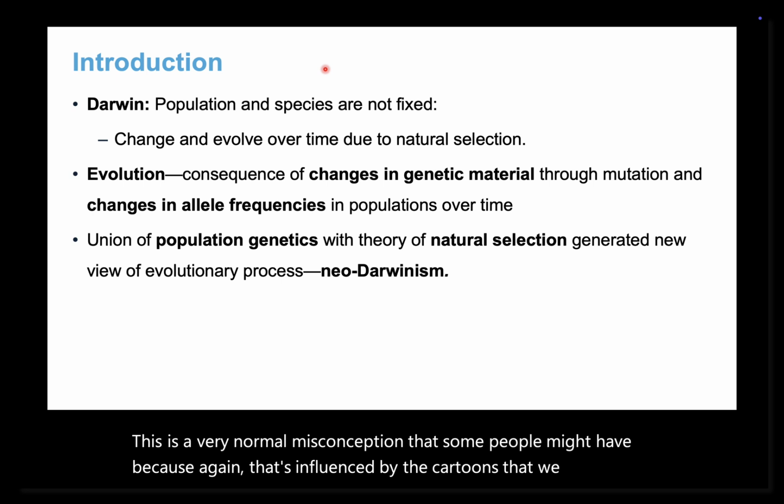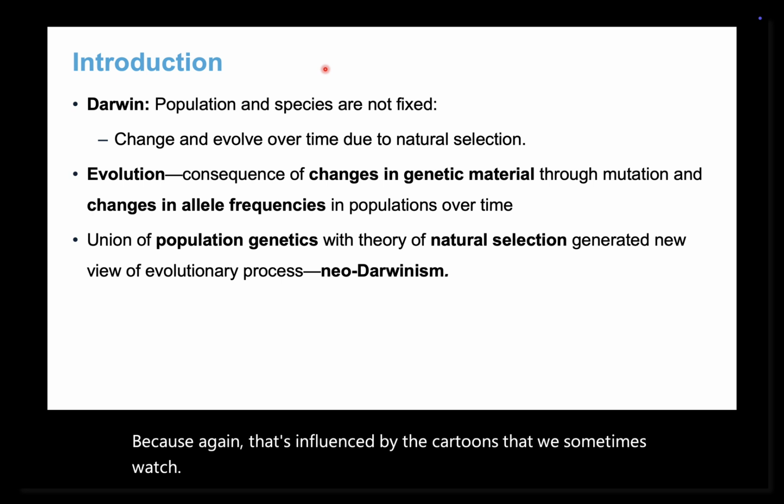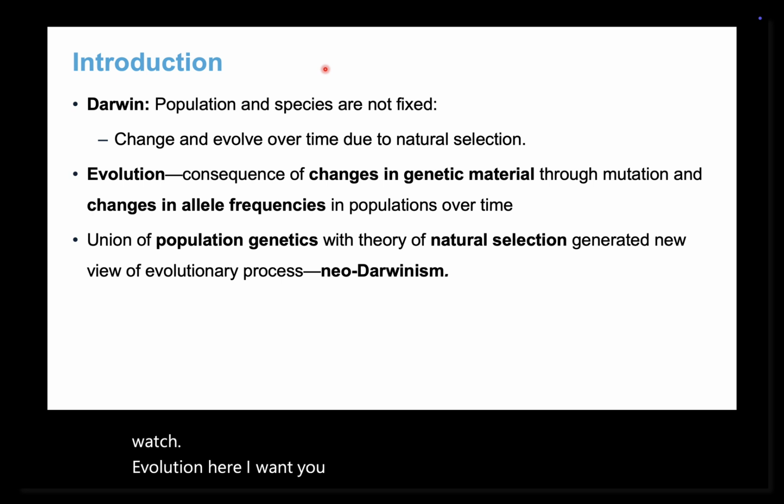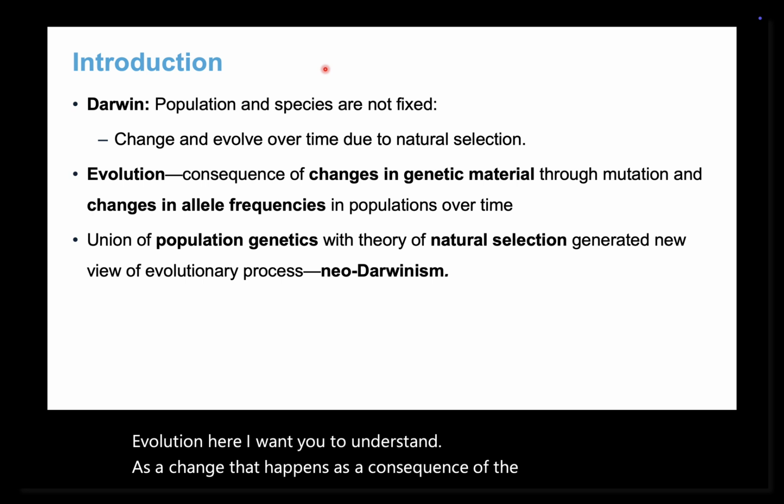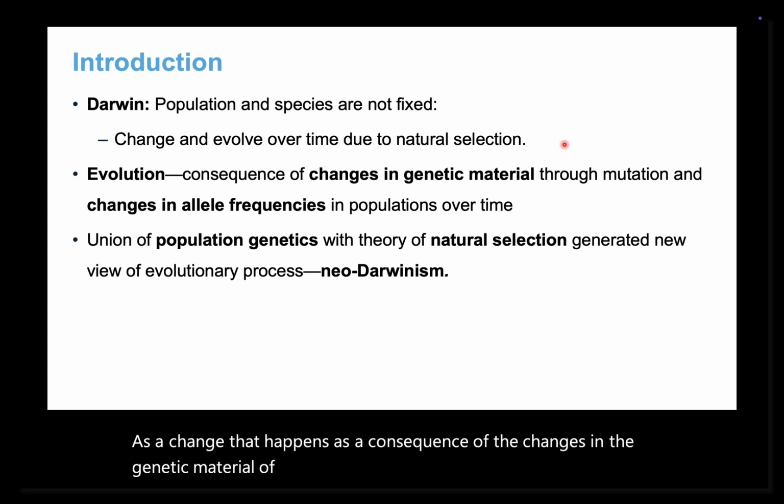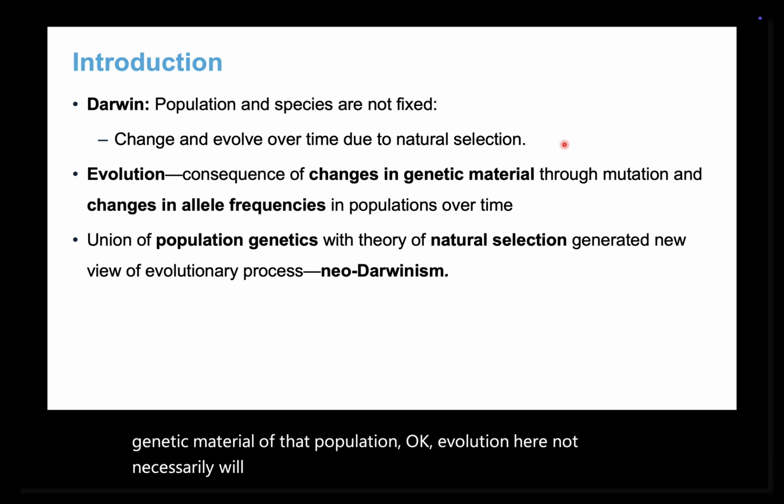Evolution here, I want you to understand as a change that happens as a consequence of the changes in the genetic material of that population. Okay? Evolution here not necessarily will lead to something beneficial, to something more powerful. Okay?